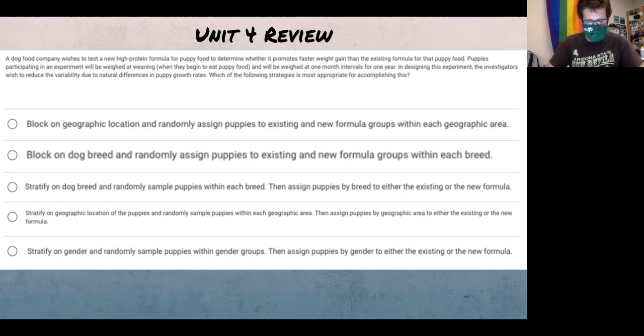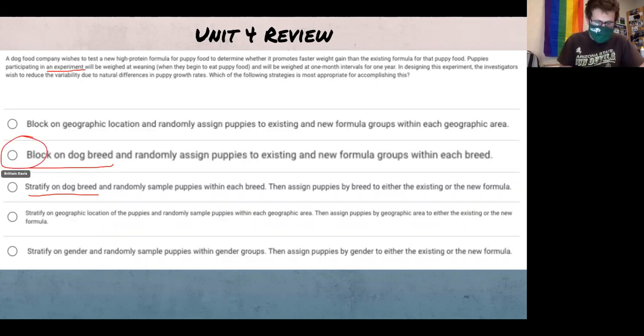I might have put C as I was answering, but stratifying would be if we were sampling. Blocking is whenever we're setting up an experiment, and it does say an experiment right here. So you can look out for that, or at the very least, words that basically mean the same thing. So the answer is B.